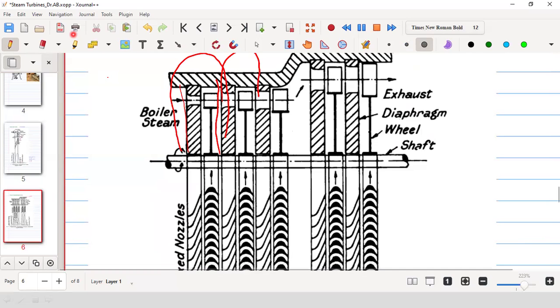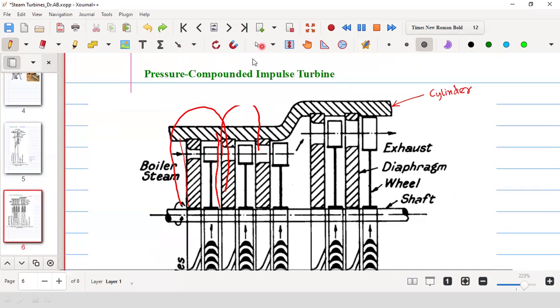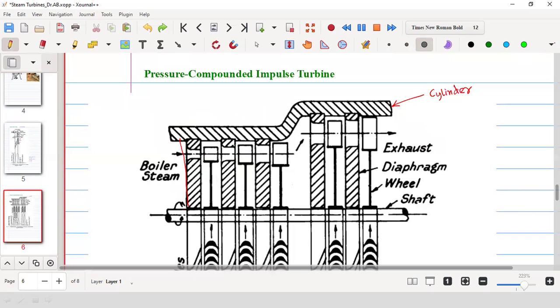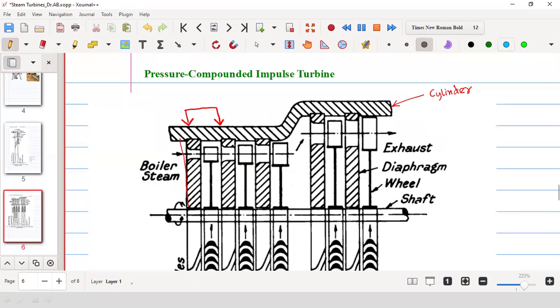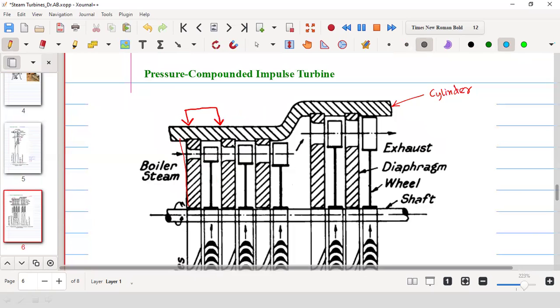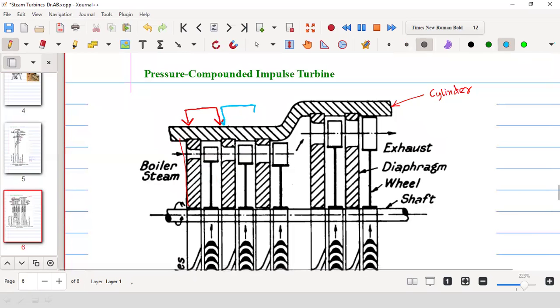Let me show you with a different color, so it will be easy for you to follow. So this is one stage. This is another stage.